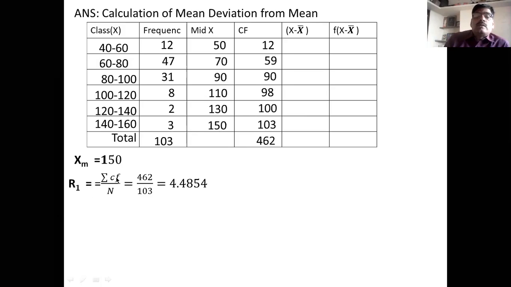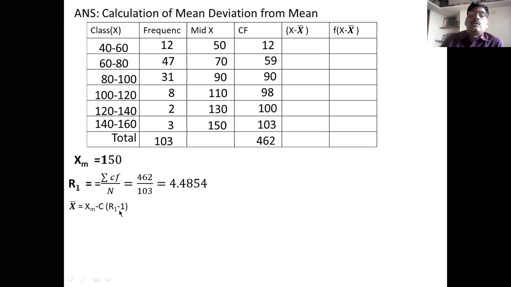R1 is equal to summation CF divided by N. CF means less than cumulative frequency total, 462, divided by N, which is 103, is equal to 4.4854. This is the R1 value.